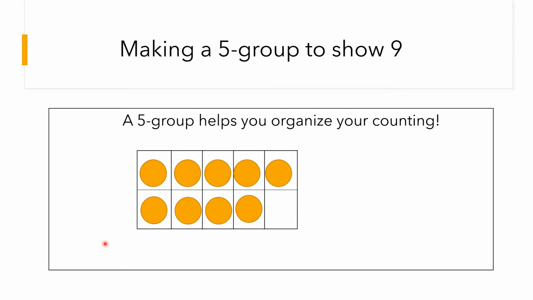Let's count these circles all together, not in their parts. 1, 2, 3, 4, 5, 6, 7, 8, 9. 5 circles up top and 4 circles at the bottom makes a 5 group of 9 circles. So today, kindergarten, you're going to be showing a 5 group of 9.